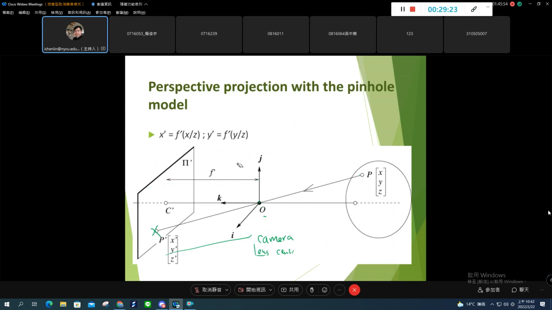So what are the coordinates X, Y, and Z? The idea is also simple. Assume that this is our distance Z here, and this is the projection point. For instance, this is a film.